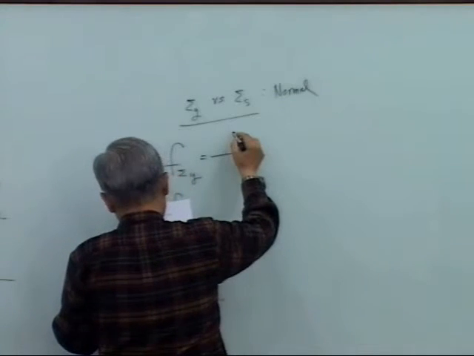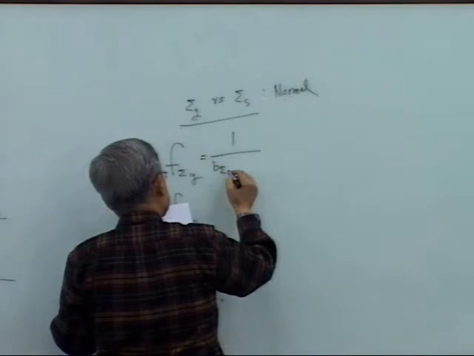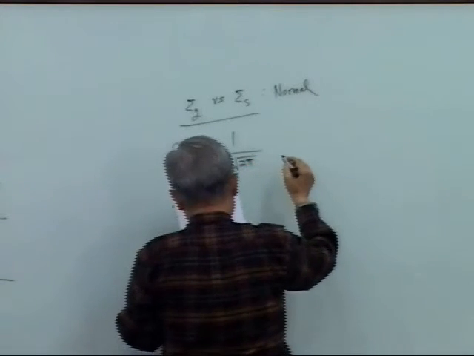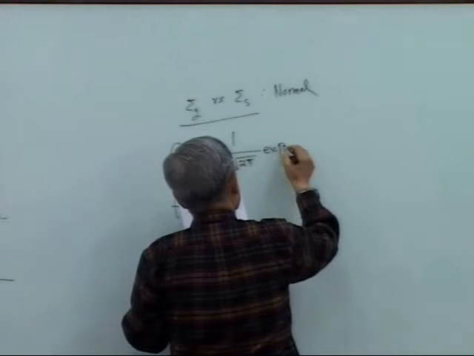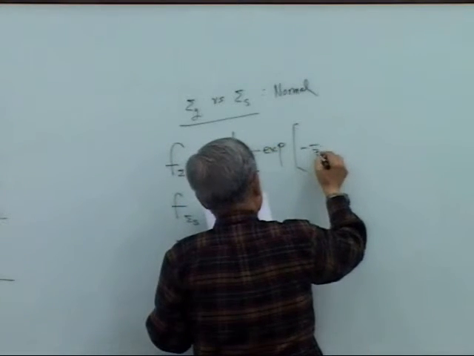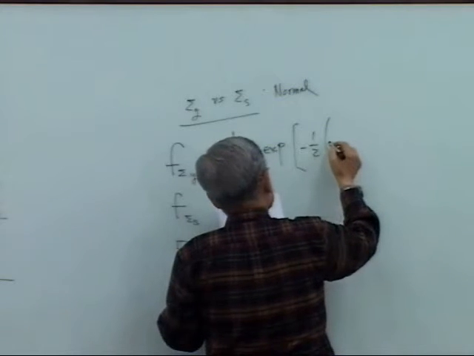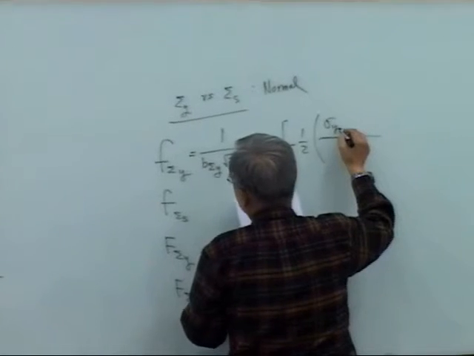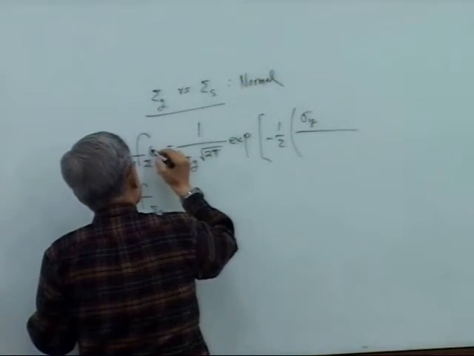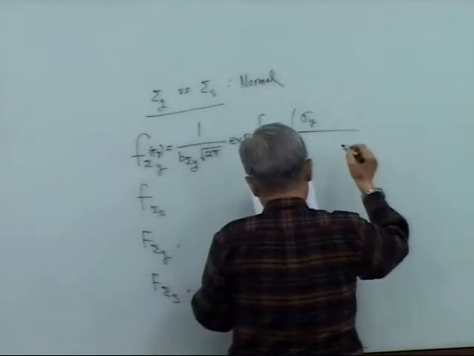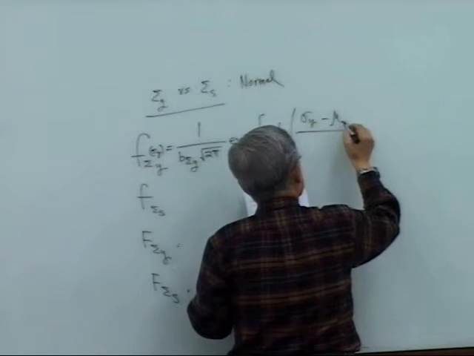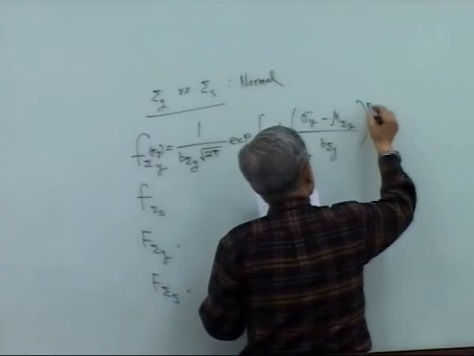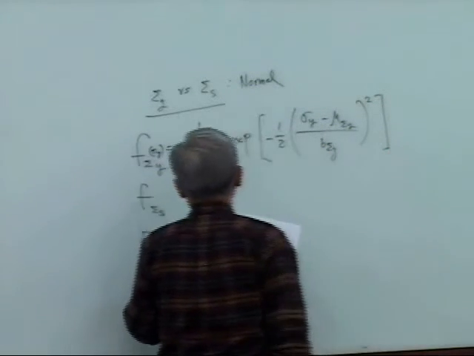So you can do this, but now you know this. So if I just write here 1 over sigma y root 2 pi and the exponential of minus half, sigma y minus mu y over sigma, squared.